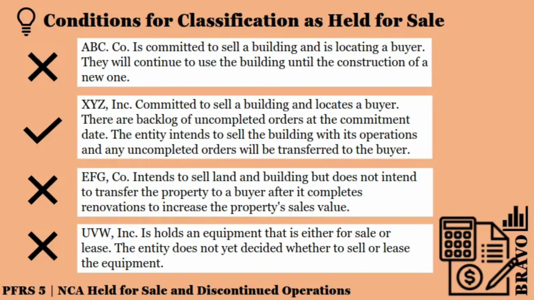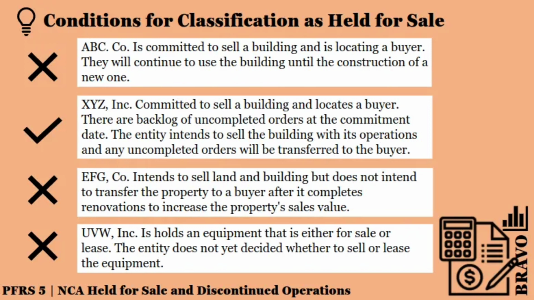Here are some scenarios to have better understanding of the criteria for classification as held for sale. On the first scenario, the criteria is not met because the building is not available for immediate sale, for the building will still be used until the construction of a new one. With that, the building continues to be classified as PPE.